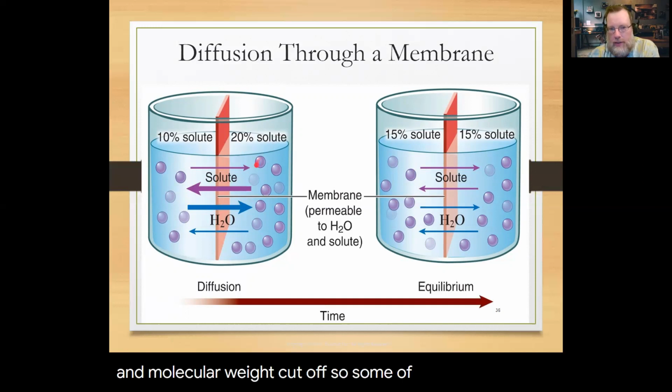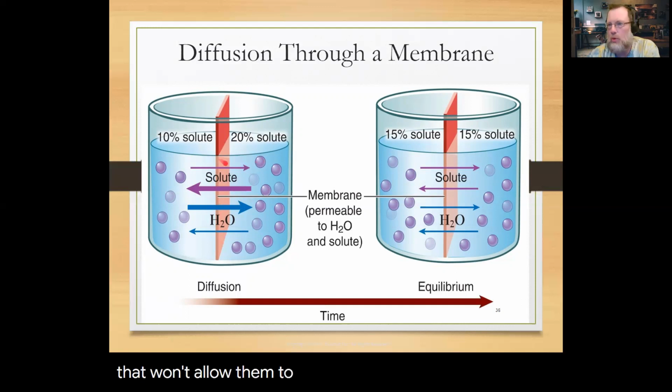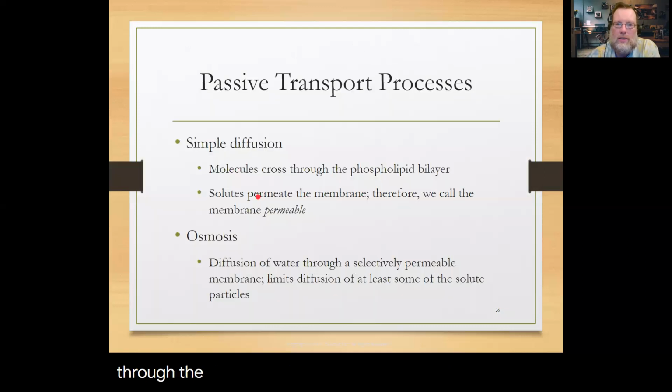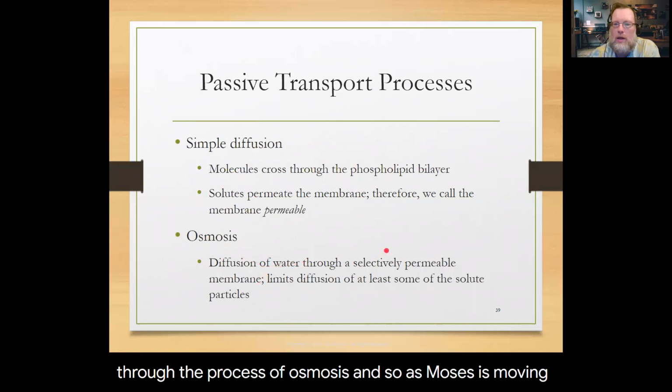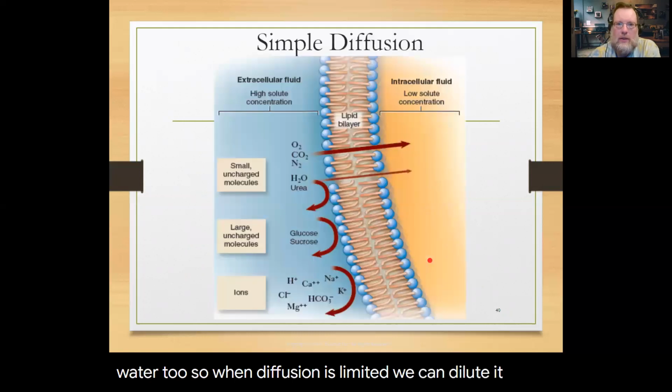Some of these molecules have a certain molecular weight or size that won't allow them to fit through the pore. Albumin, for one, has a large molecular weight cutoff, so it's not going to be able to pass in and out through pores. So what we have to do instead is dilute an area through the process of osmosis. Osmosis is moving water; when diffusion is limited, we can dilute an area with water.